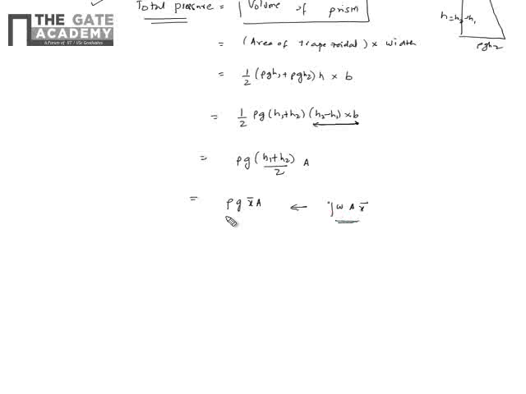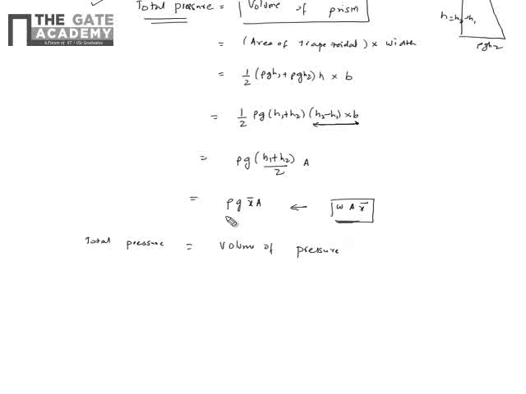Whatever we have derived from the formula is nothing but the volume of the prism. So the total force magnitude is equal to the volume of the pressure diagram. The way you have to build the pressure diagram is that one face is the cross section, and you have to just build a trapezoid with the pressure and then extrude it.